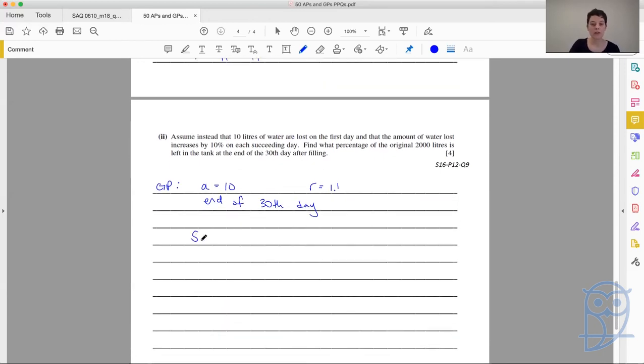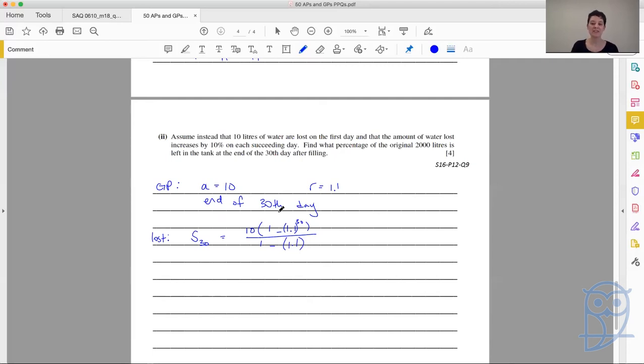So the sum of 30 equals 10 times 1 minus 1.1 to the 30. Put them in brackets to play safe. 1 minus 1.1.